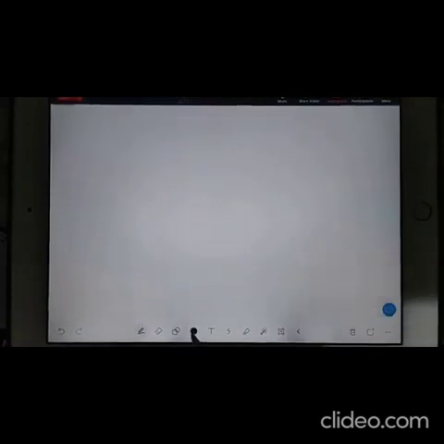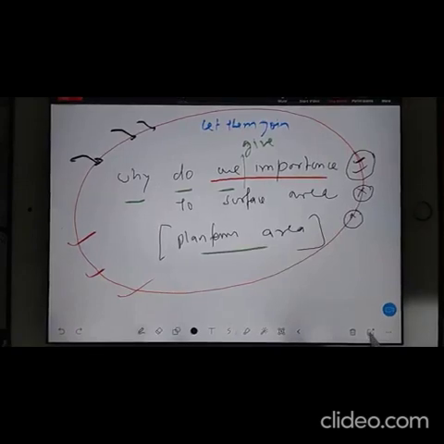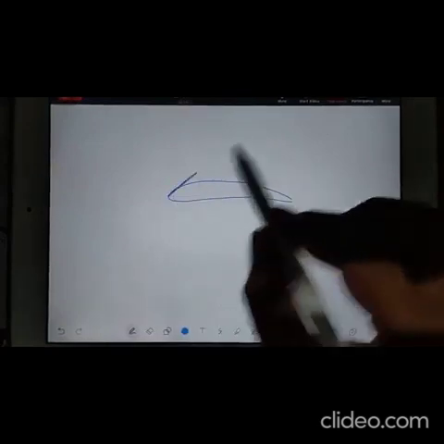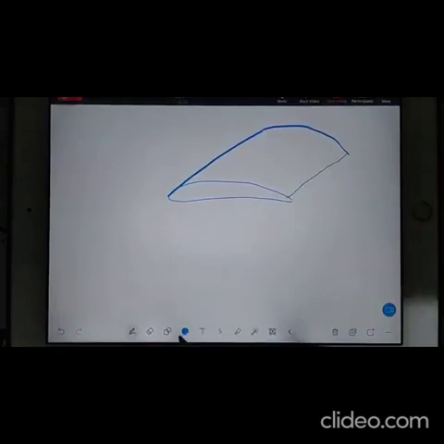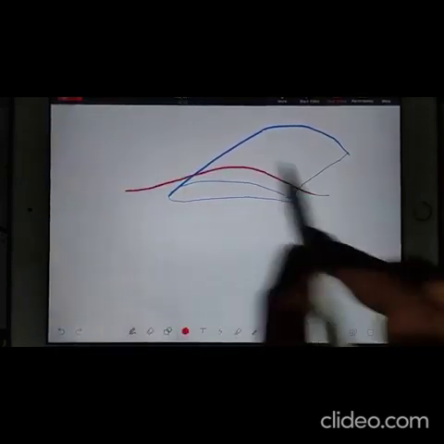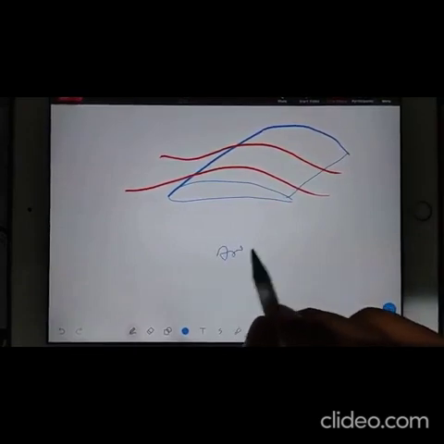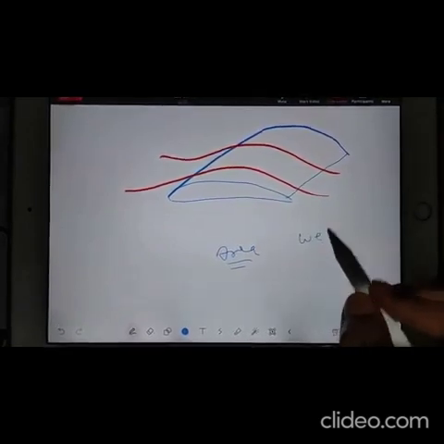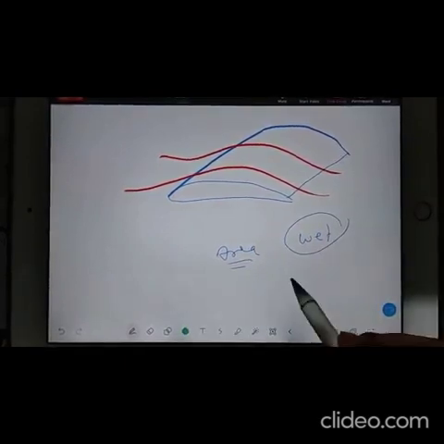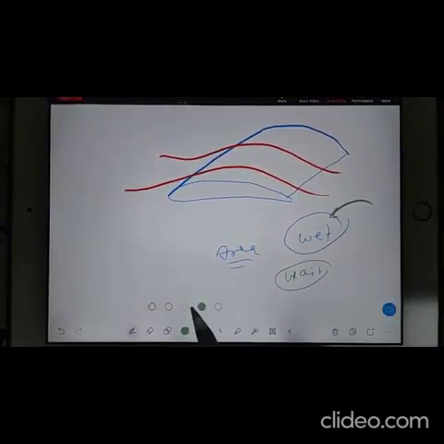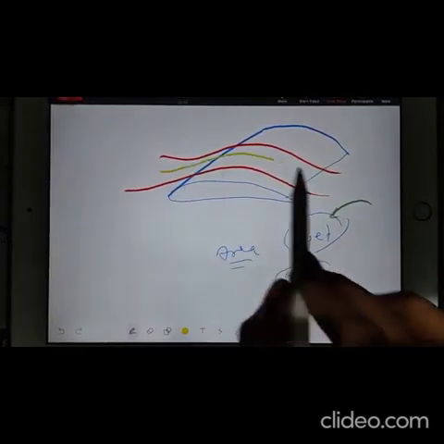See guys, when we talk about a wing, the flow goes like this. I'm talking about how much area is wet, W-E-T, in the fluid.